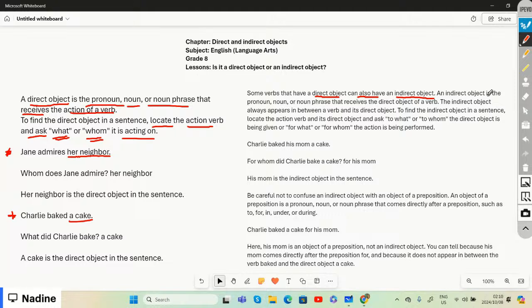An indirect object is the pronoun, noun, or noun phrase that receives the direct object of a verb. Remember, we showed that the direct object tells us whom or what the verb is acting on. With an indirect object, it is the pronoun, noun, or noun phrase that receives the direct object of the verb.